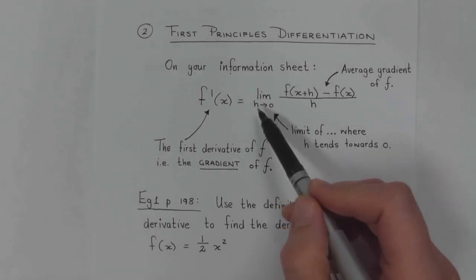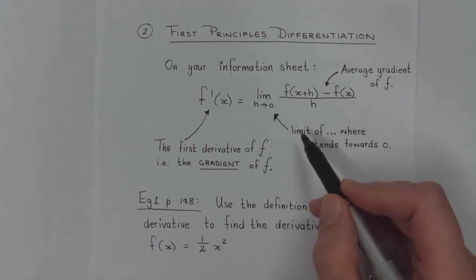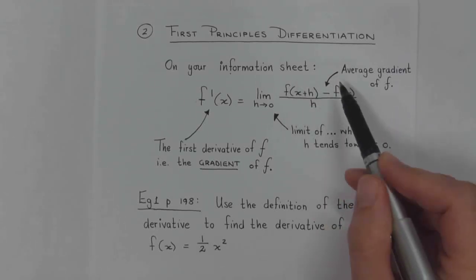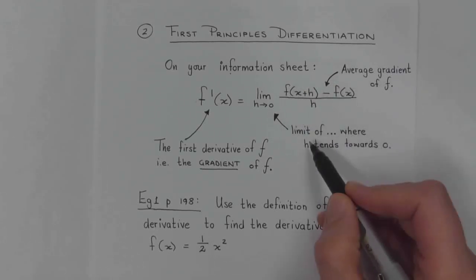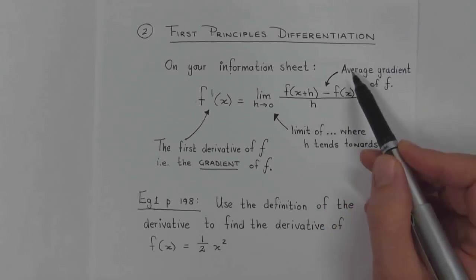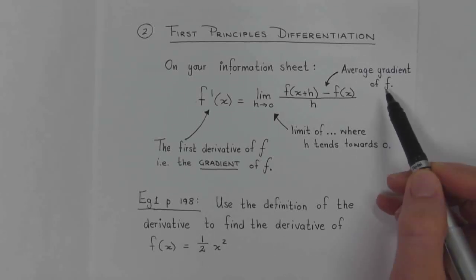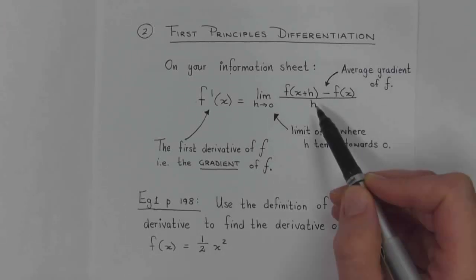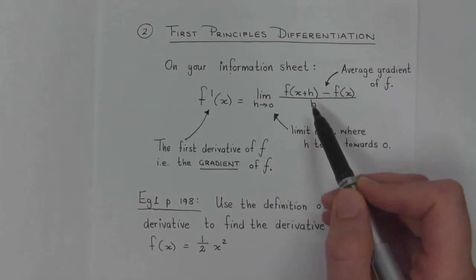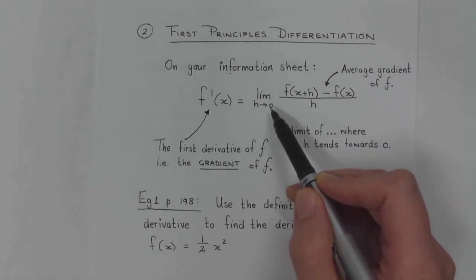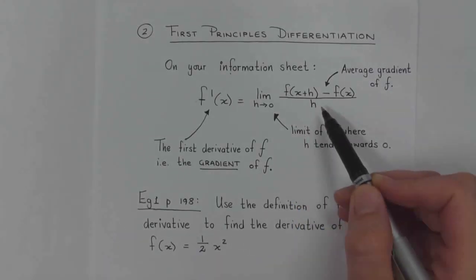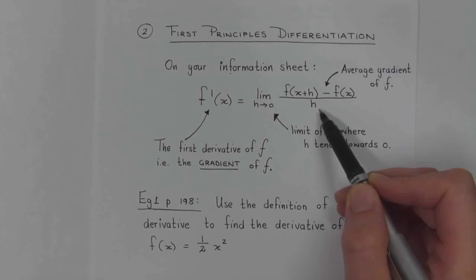Then we're saying it's the limit of h tending towards 0 of that function, the average gradient in this case. That formula is the average gradient of f from the previous video. I take the average gradient, but I make the distance between the 2 points as small as possible, so I make it tend towards 0. I don't get an average gradient between 2 points, I effectively get an instantaneous gradient.